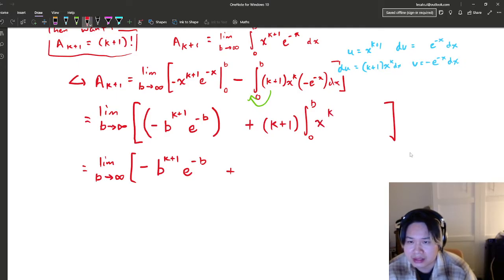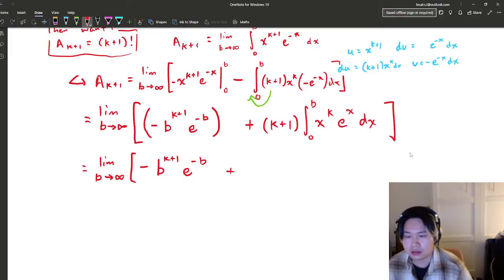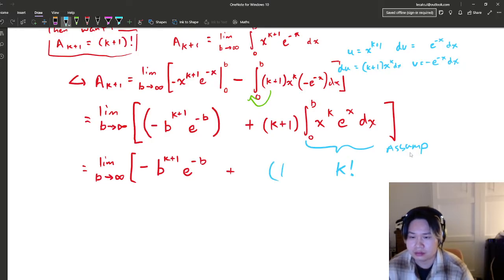Okay, and then we're basically done, right? Okay, so by my assumption, I know that this is going to be k factorial. I have my k plus 1 there.